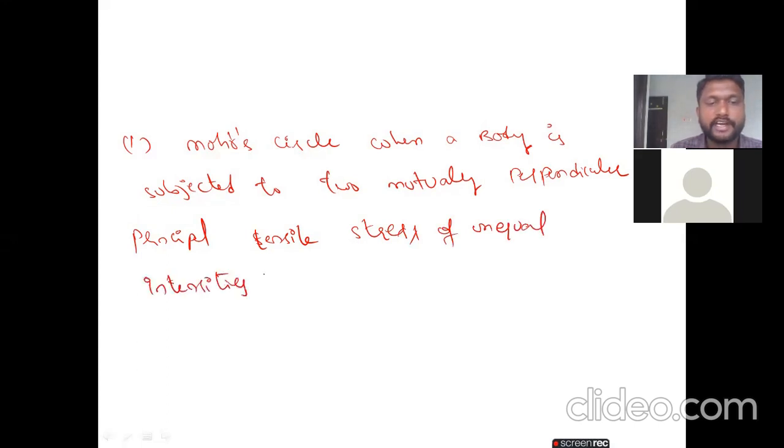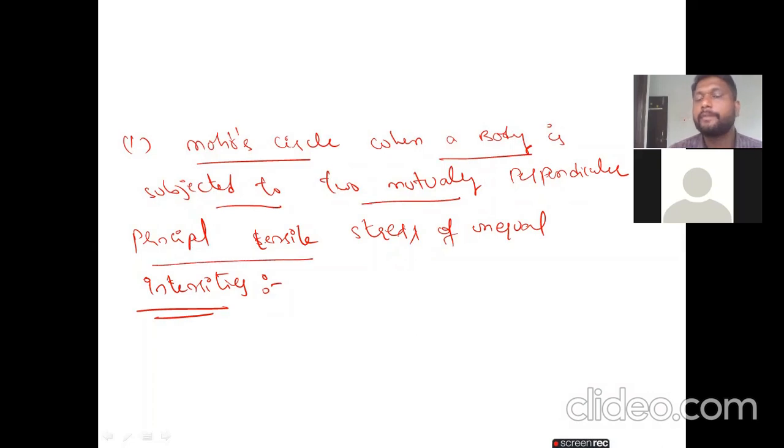So this is the first condition: Mohr circle when the body is subjected to two mutually perpendicular principal stresses of unequal intensities.